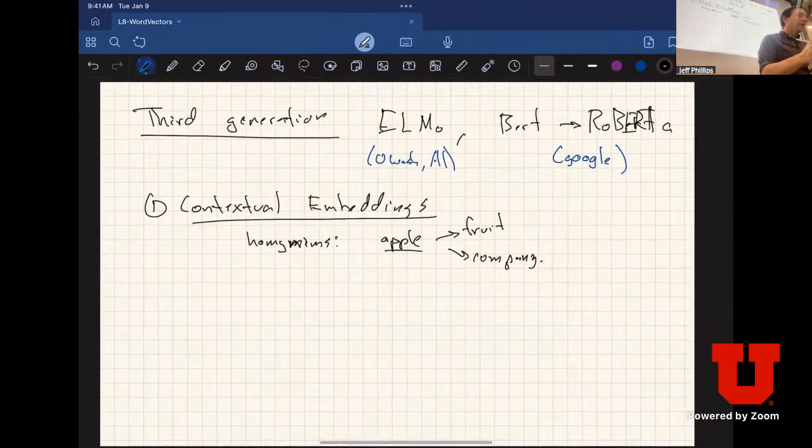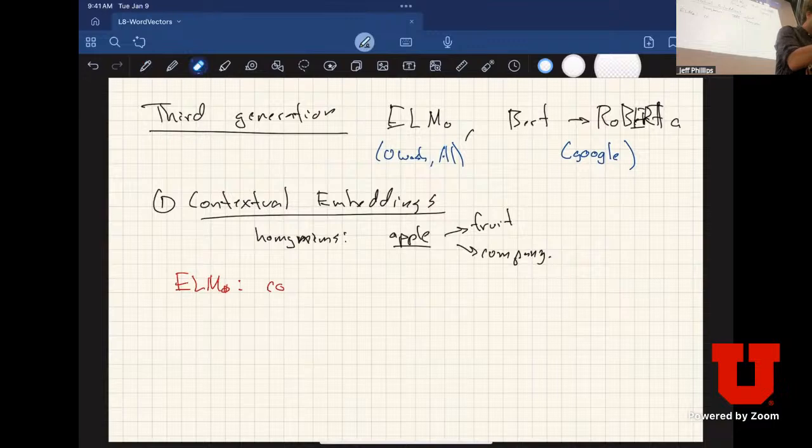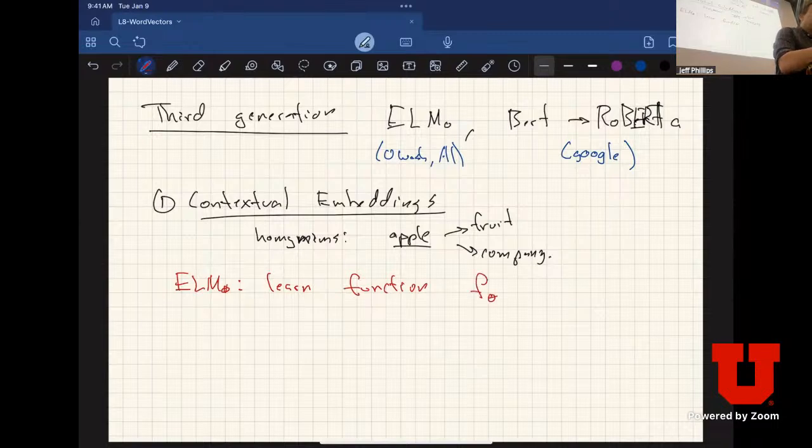So the idea in ELMo was to learn a function f theta, which took the context plus the word and mapped this into R^d.